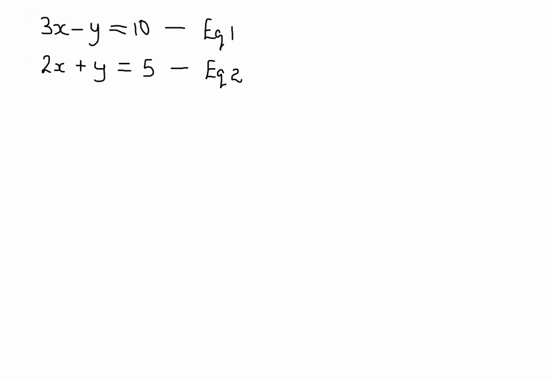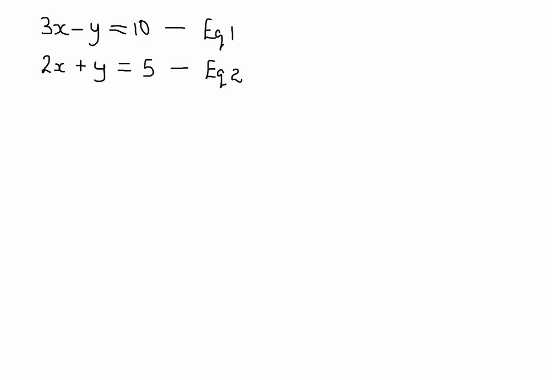To bring both of these equations so that the terms in x both have coefficients of 6, I'm going to take a factor and multiply each of these equations by it so that I can get the equation to have a term in x with a coefficient of 6. But in doing this, I need to multiply the entire equation.